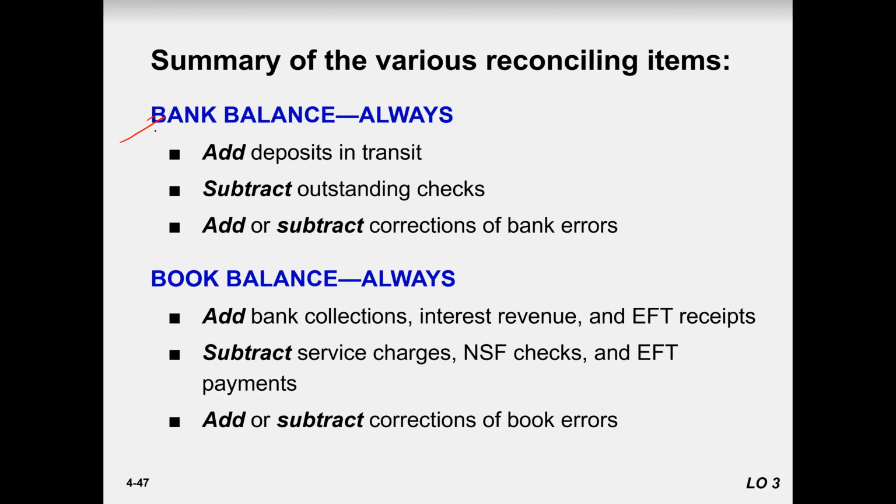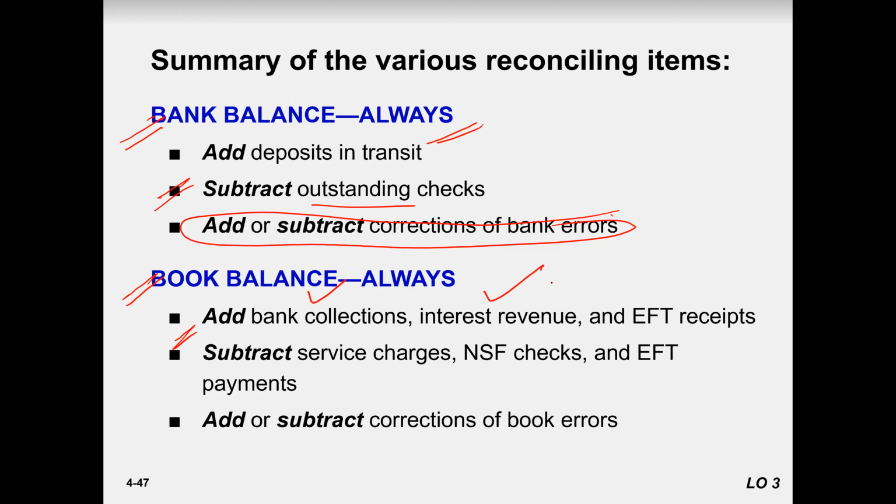On the bank side, you add all the deposit in transit, subtract any outstanding check you have, and add or subtract the errors made by the bank. That's it. On the book side, on the cash record, you add collection revenues, any kind of dividend revenue, interest revenue, and EFT receipts.